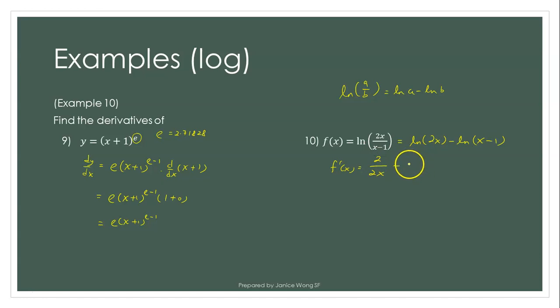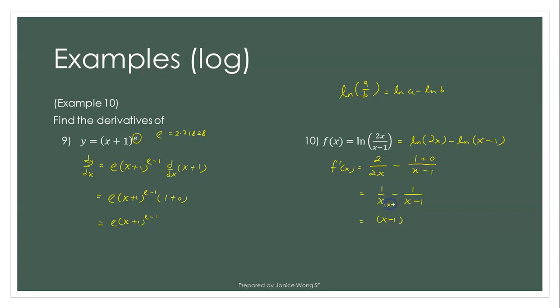Minus, differentiate ln (x minus 1). ln carries x minus 1, write it down as the denominator. Differentiate x, we get 1. Differentiate negative 1, we get 0. Overall, we have 1 over x minus 1 over (x minus 1) as the final answer. If the question asks us to write the answer as a single fraction, then we have to make the denominator the same.